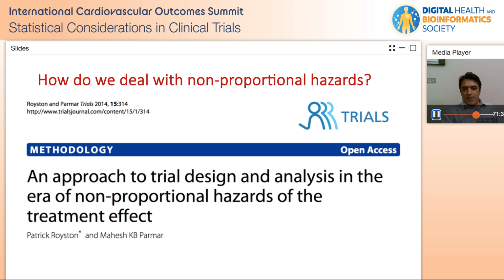Perhaps it may be wise to consider the likelihood of non-proportional hazard in the design period, before collecting data and before statistical analysis, and proceed according to this probability. I strongly recommend that the audience read the article on this subject written by Royston, a famous British statistician.